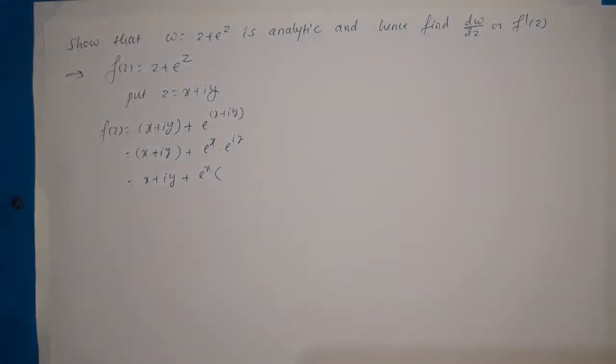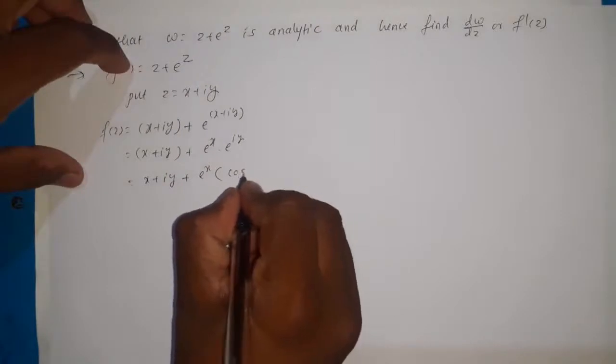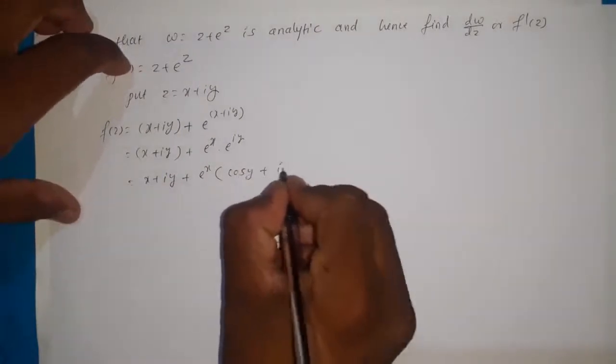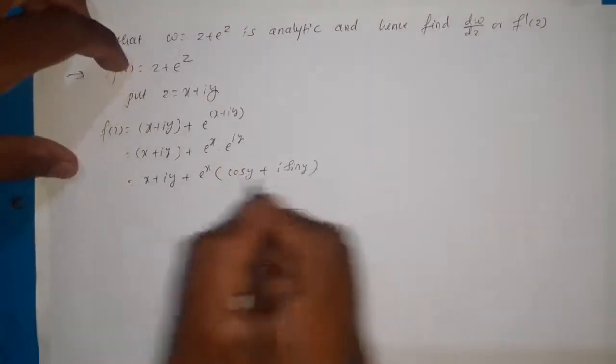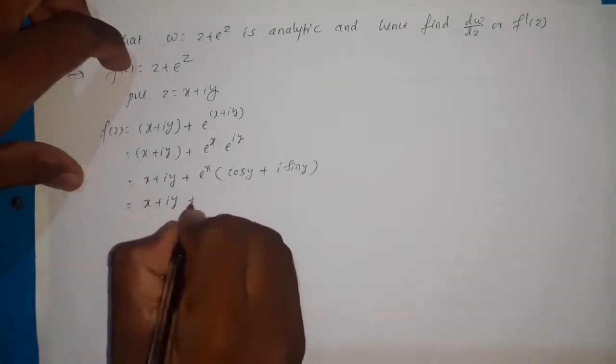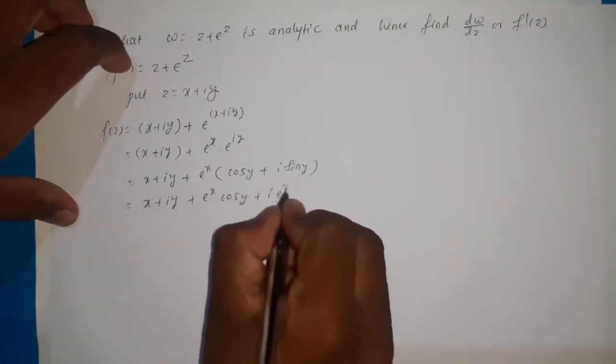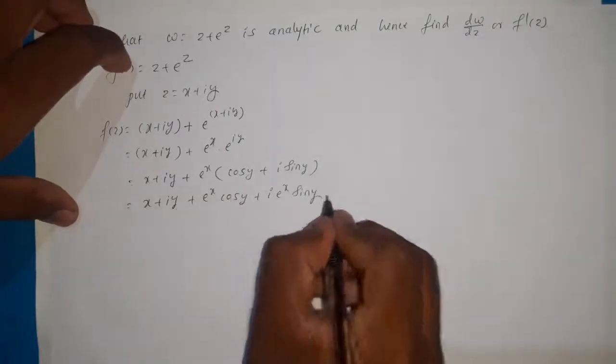Then this is x plus iy plus e power x into... By using de Moivre's theorem, e power I theta is cos theta plus I sin theta. So here e power iy is cos y plus I sin y. Then it is equal to x plus iy plus e power x cos y plus I into e power x sin y.